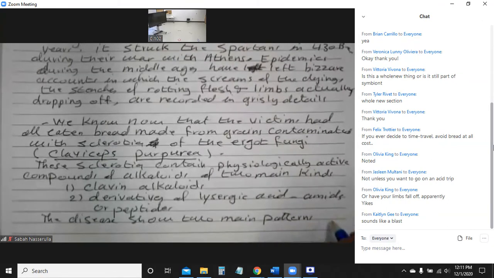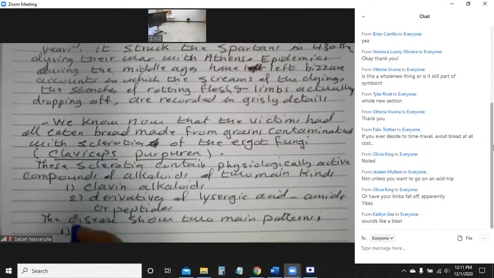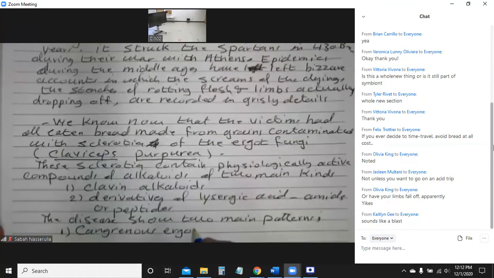One of them, as a matter of fact, causes gangrene, call it gangrenous ergotism.